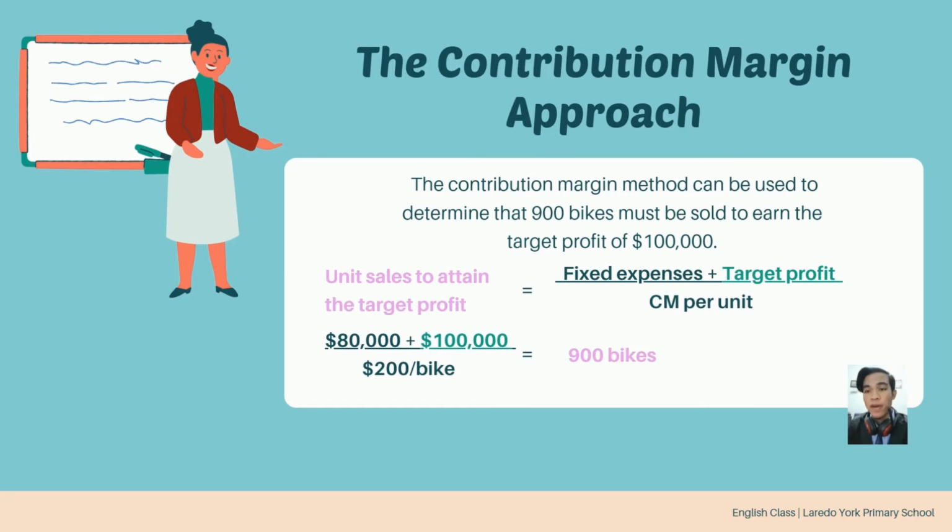The contribution margin method is a quick way to solve this problem by adding the desired profit to the fixed cost and dividing the total by the contribution margin per unit. Notice we get the same result of 900 bikes.